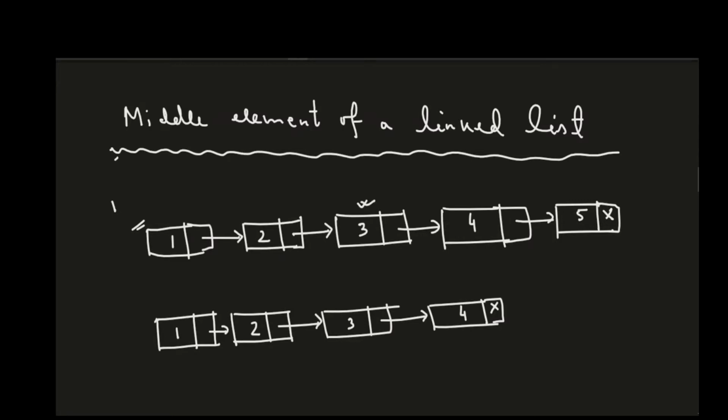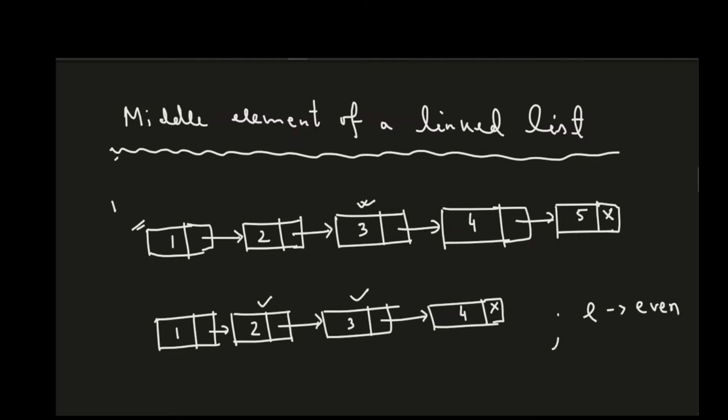And in the second list, there are 4 elements. So in the second case, there are an even number of nodes present in the list. So in that case, there will be 2 middle elements, right? 2 and 3. But here, let's say the length of the list is L. So there will be 2 middle elements if L is even, right?